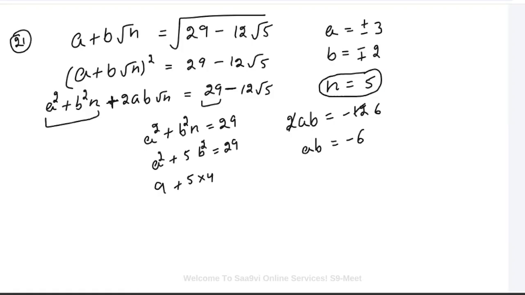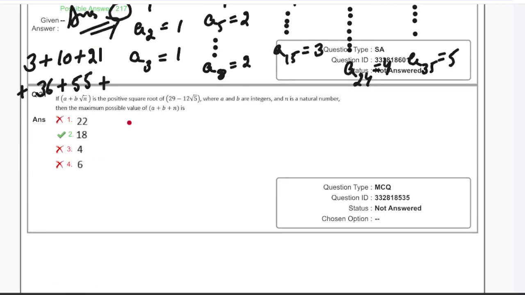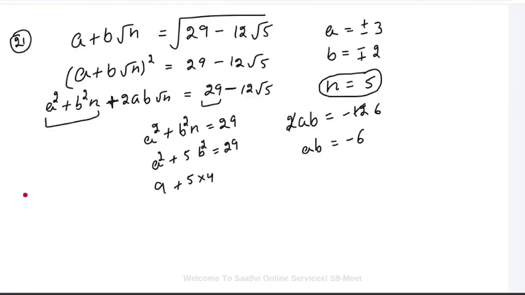Now the question talks about getting the maximum possible value of a plus b plus n. So if I do a plus b plus n, right now that is coming with n as 5, and if I have to maximize it, plus 3 minus 2, of course that makes sense.